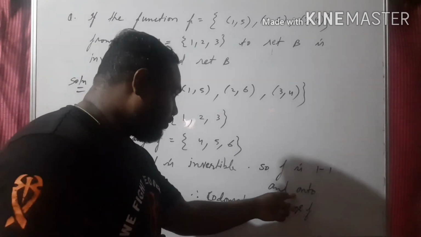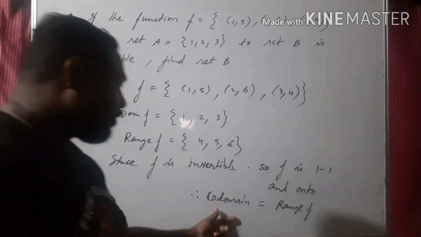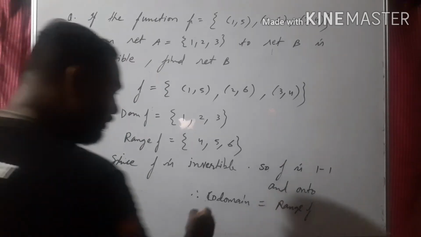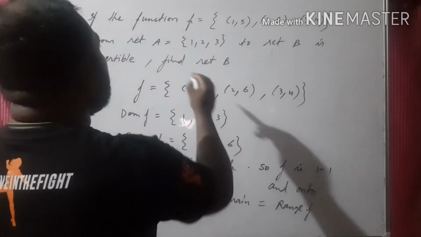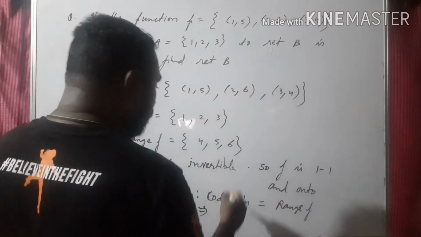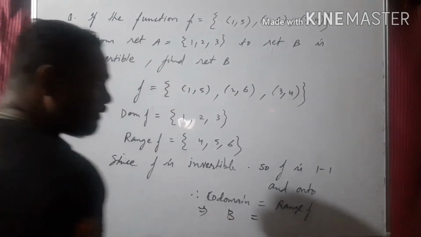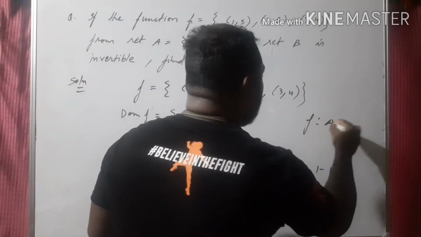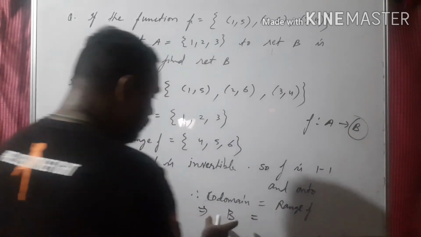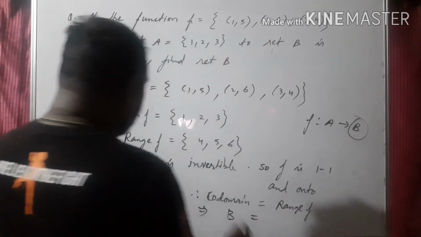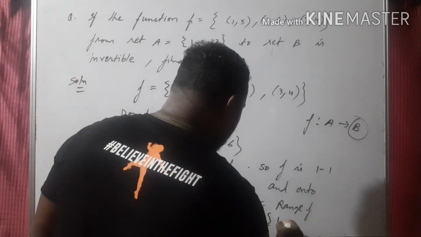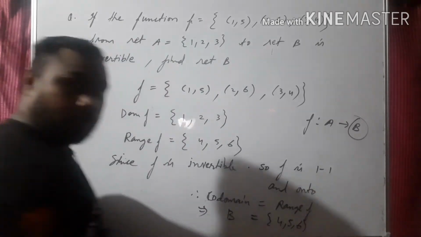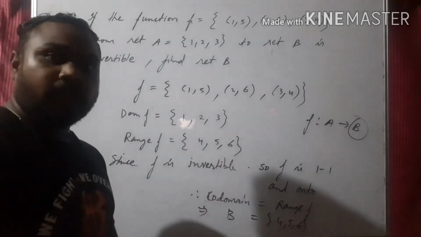So I am writing, f is onto, that's why the codomain will be equal to the range of f. So what is the codomain? Actually f is going from A to B, so B is the codomain. So the codomain is B, and the range of f is 4, 5, 6.